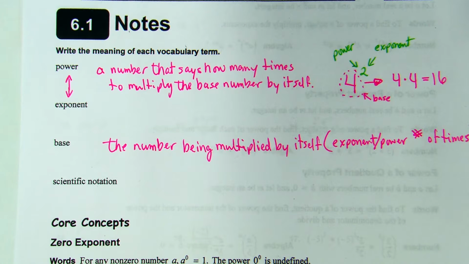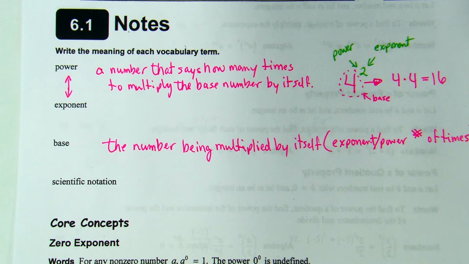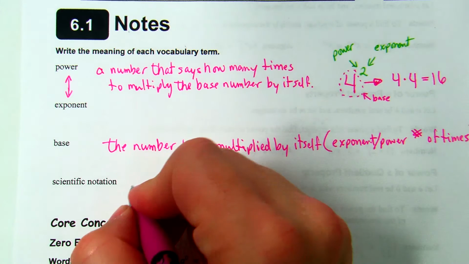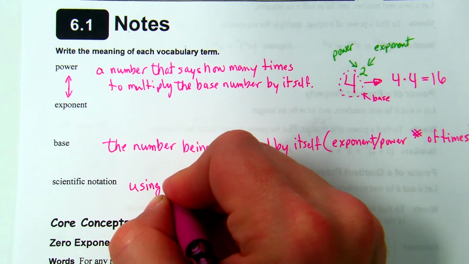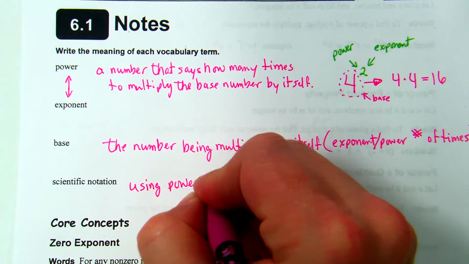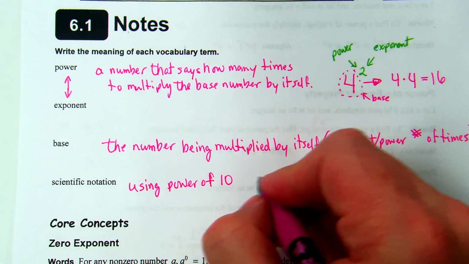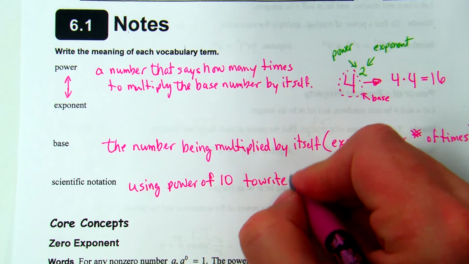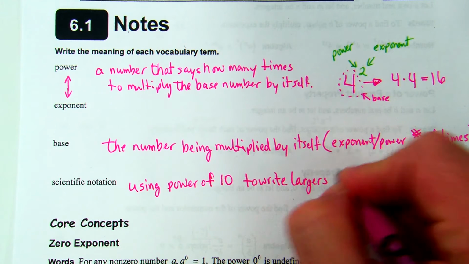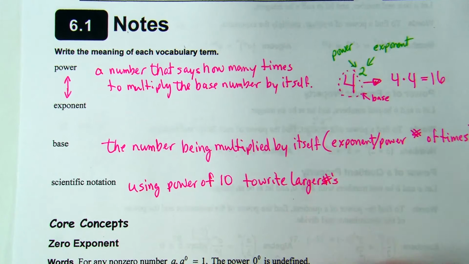All right, scientific notation, and we'll see more examples of this in a few minutes. It's going to be pretty simple. The scientific notation is when we use the power of 10 to write larger numbers, well, let's do this, larger numbers more efficiently.